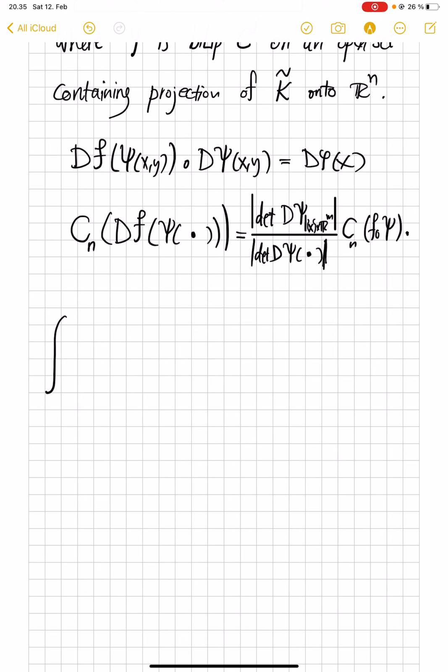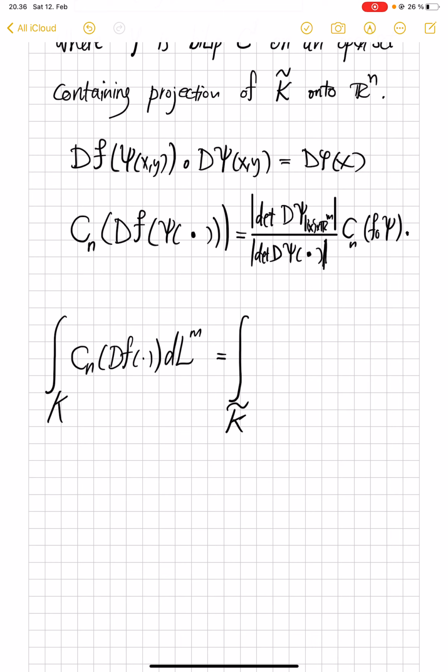So I want to compute the integral of the Coarea factor of the original f of x. I don't want to put x because I want to reserve it for some other notation. So this is the original left-hand side that we want to compute, and I'm working in the original domain K. But now I can do a change of variables formula, a u substitution, and transfer that integral into the K tilde region.